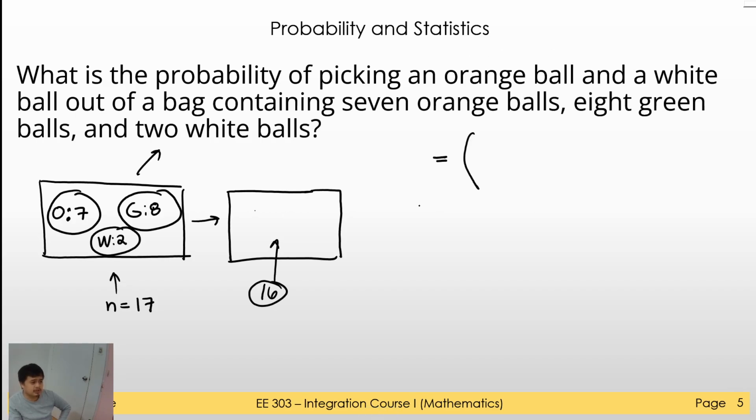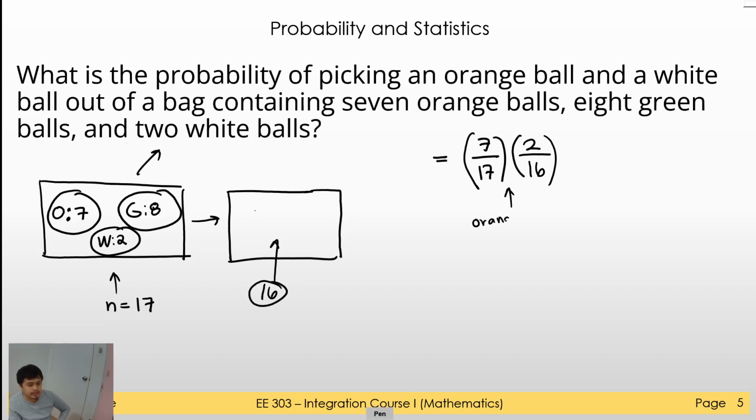If you pick an orange ball first, we have 7, the total number of orange balls, over 17, and then after that you will pick another ball for the second picking. How many white balls? We have 2 white balls. And how many balls remain? We have 16 only. So this will be your case wherein we pick an orange first.